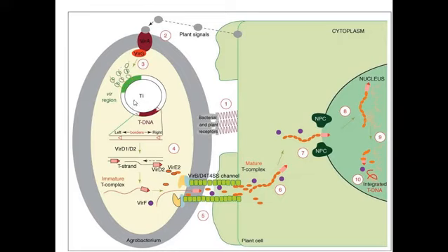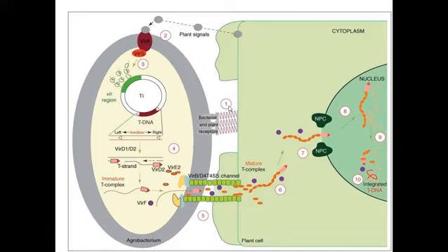When the Agrobacterium has received the target DNA plasmid, the Agrobacterium passes signals to the target plant cell.